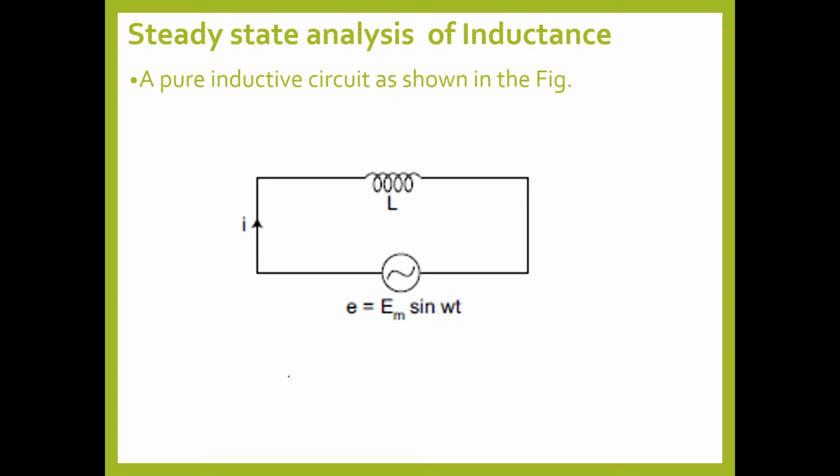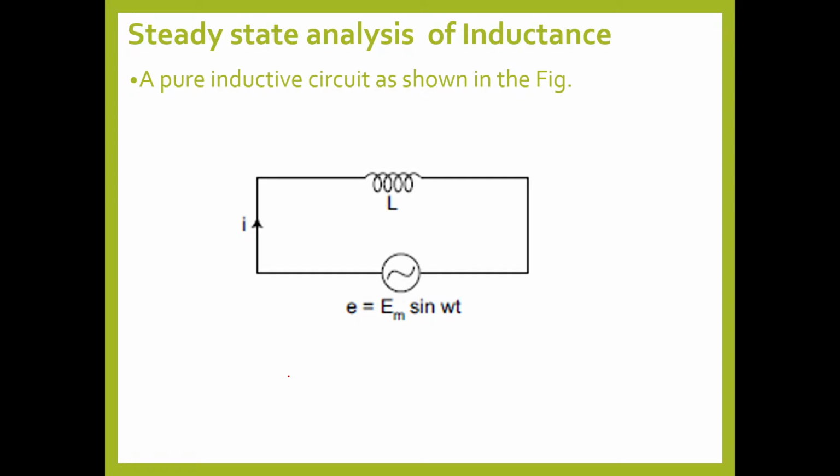That voltage induced across the inductor is known as back EMF. There will not be any voltage drop across the inductor, but the voltage buildup that appears across the inductor is known as back EMF or self-induced EMF.